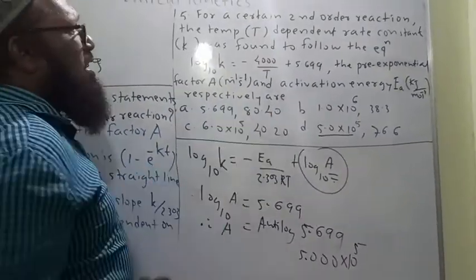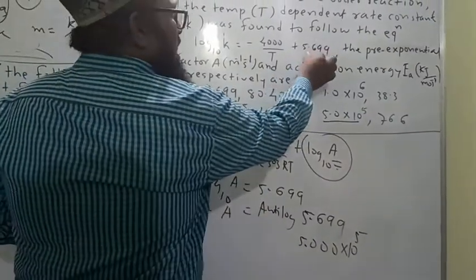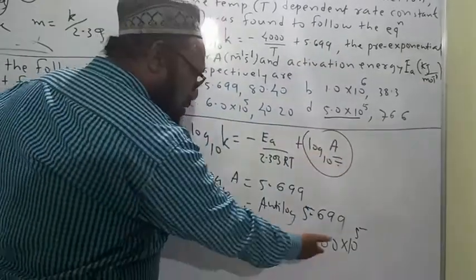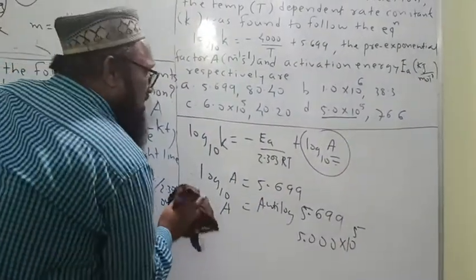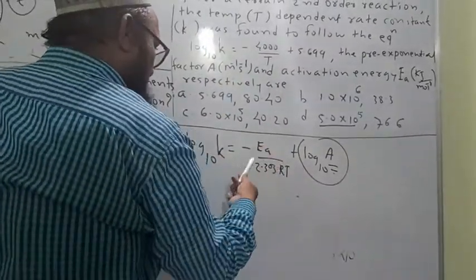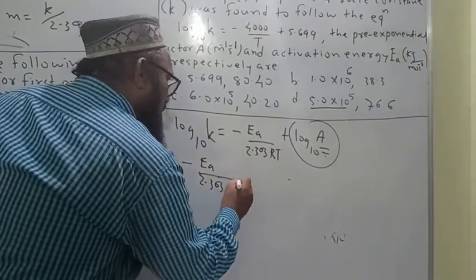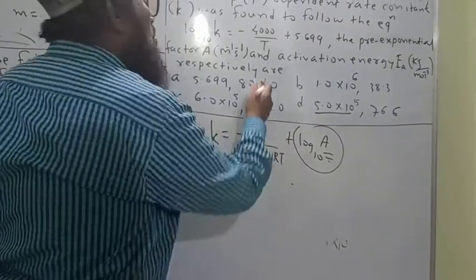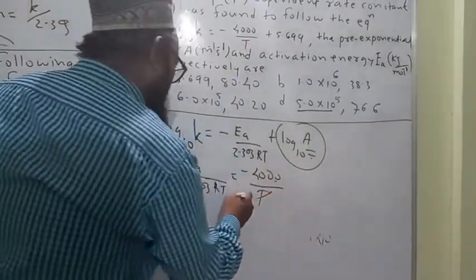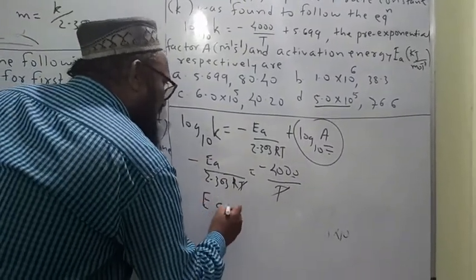But still we find the energy of activation Ea. Plus 5.699 is equal to log A, its value has come. Then let us find the energy of activation. This part, minus Ea upon 2.303 RT is equal to minus 4000 upon T. T gets cancelled, minus minus sign gets cancelled.